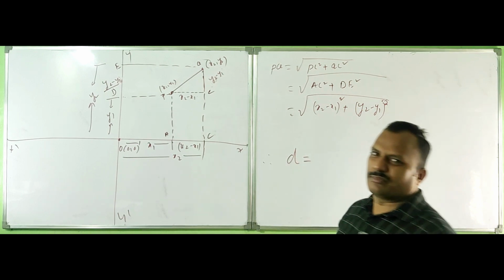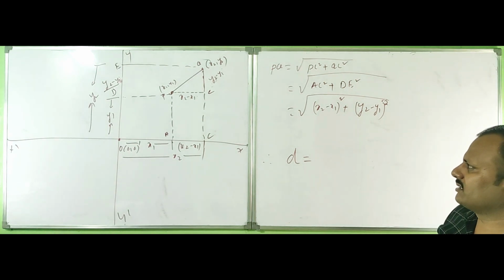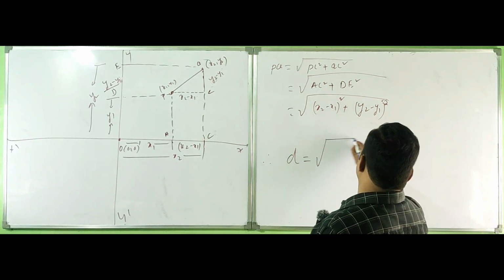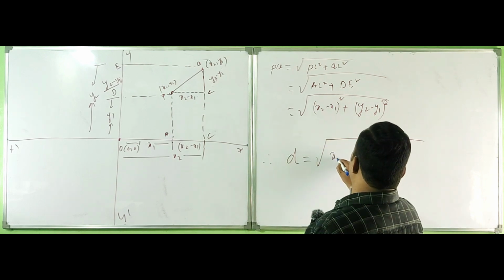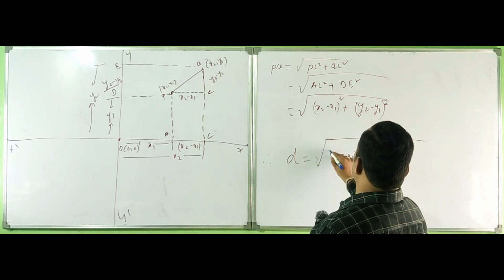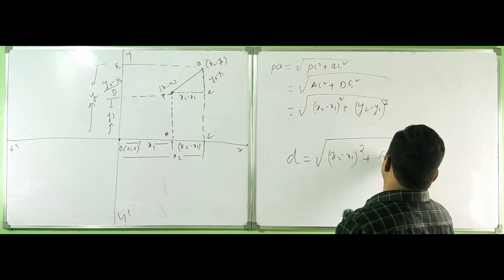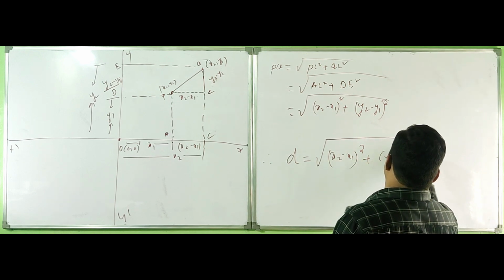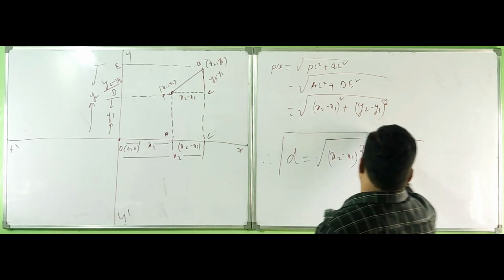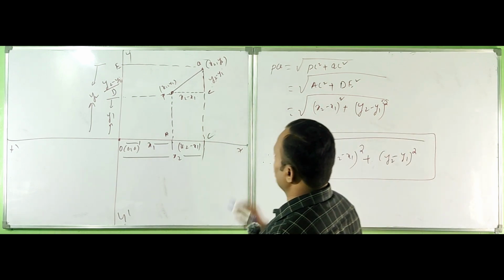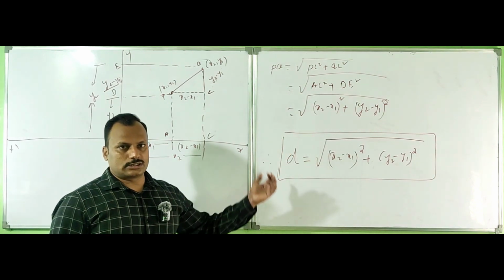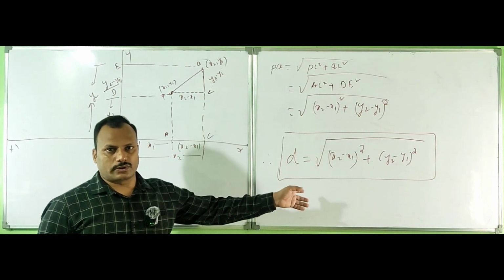Very simple application, right? Just the Pythagoras theorem you can use. D is the distance between the points, the square root of x2 minus x1 whole square plus y2 minus y1 whole square. This is the formula for the distance between two points.